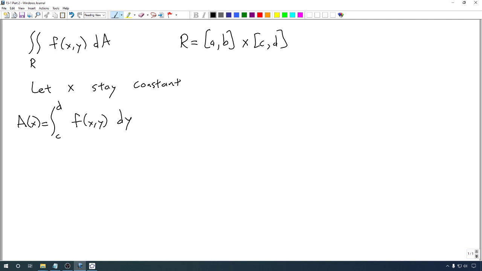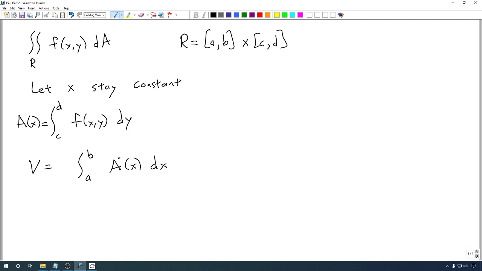Of course, doing that through an integral. So we would go ahead and take what we have here, and we'll integrate it. And we'll say that's going to be our volume. Our volume is going to be the integral of this A of x dx as x varies through all the values that it can take, so from a to b.